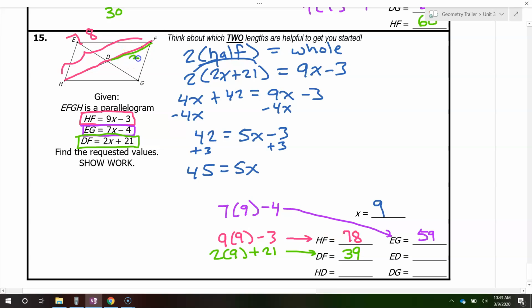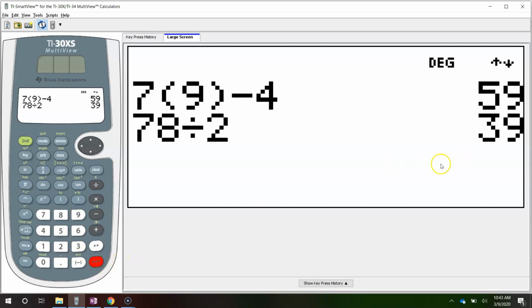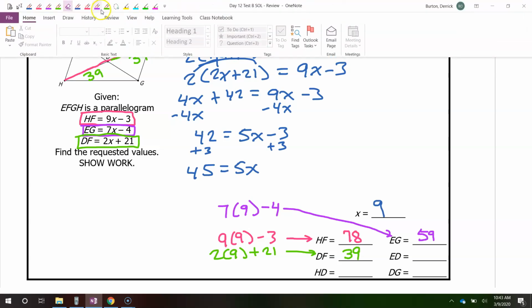So I know that DF is 39. But guess what? I could have also just done 78 divided by 2, couldn't I? That's another way to get 39, because these halves are equal. So that means I'm going to have 39 and 39 on both sides. So that takes care of that diagonal. It's 39 and 39. What about the other diagonal?